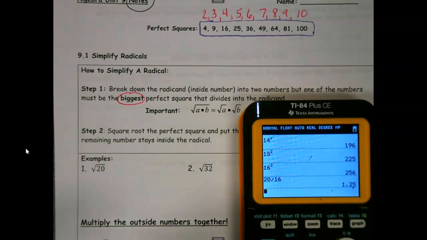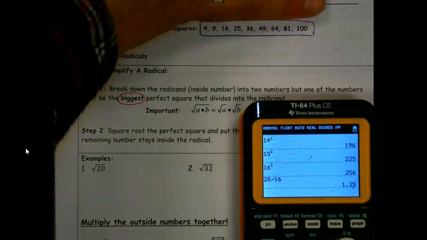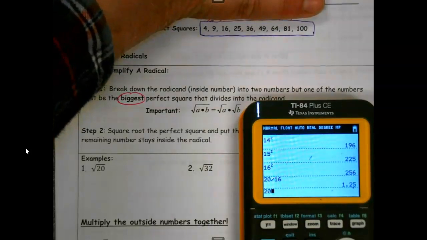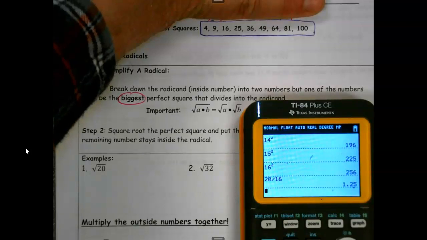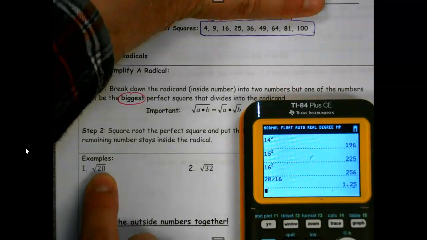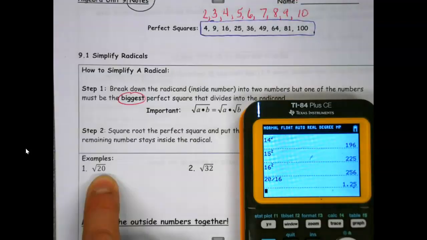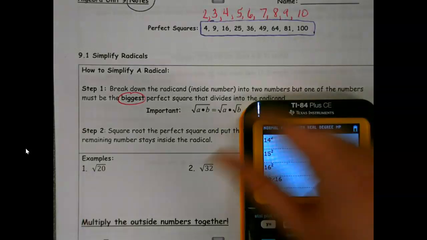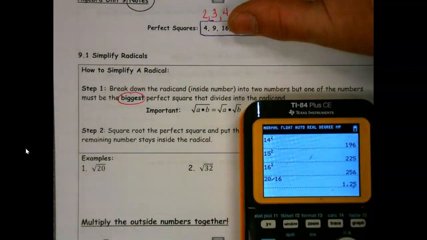And some of you are paying no attention to the fact that I'm saying in the purple box, not the pink numbers, just these. Now, remember, the number that's here can't be bigger than 20. Like 25 would get me a decimal. So it's got to be one of these.